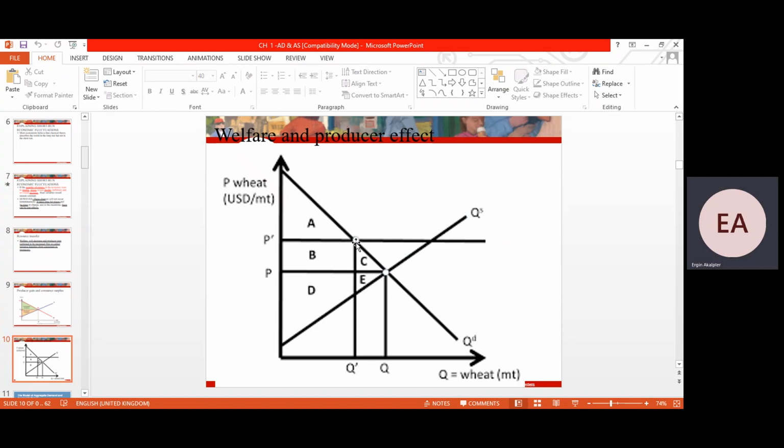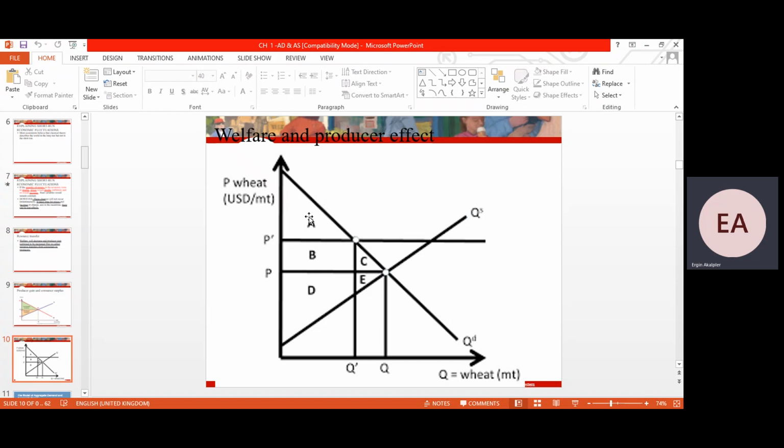And as you are observing, as a result of this price increase, some resources, B plus C, from the consumers' welfare go to the producer gain, and the welfare of the consumers is reduced.